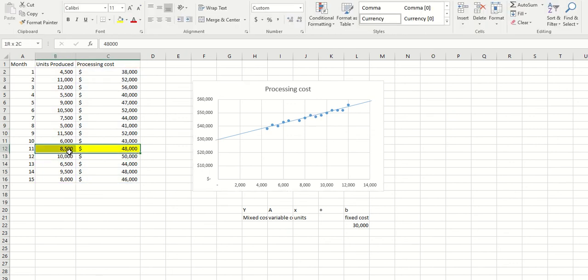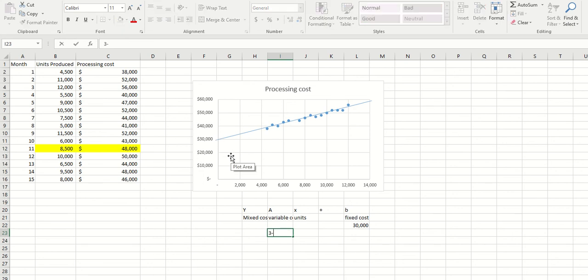Anyway, so I would need to know the rise over the run. This is where it starts to begin to rise, and I would estimate if I drew a line right across over here, that'd be the 48,000. But I have this fixed cost, so I only want to know the rise over the run from the 30,000 to the 48,000.